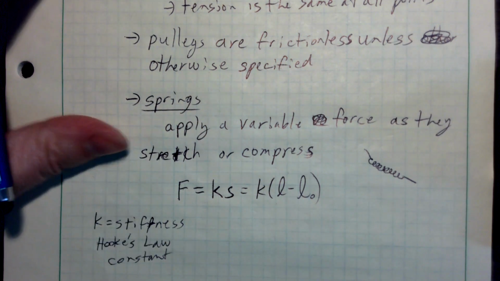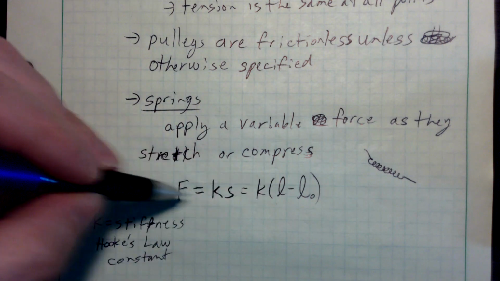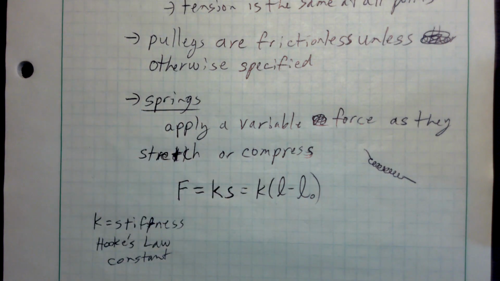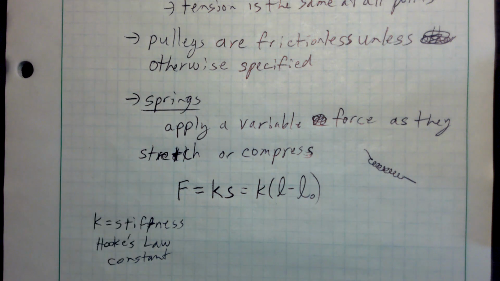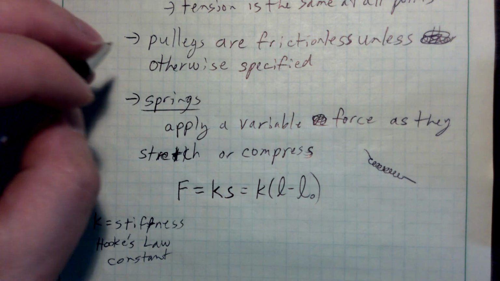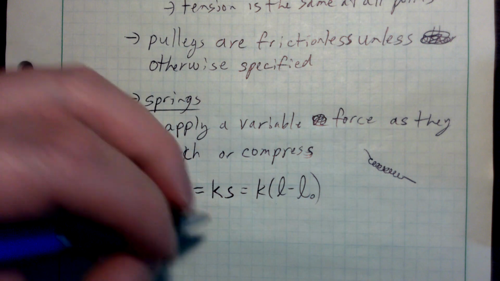So Hooke was a physicist and engineer that ascertained that most materials will behave according to this, that if you stretch or compress them, they will apply a varying force, and it'll be linearly proportional to how stiff, if you will, that spring is. So the stiffer it is, the more force applied.